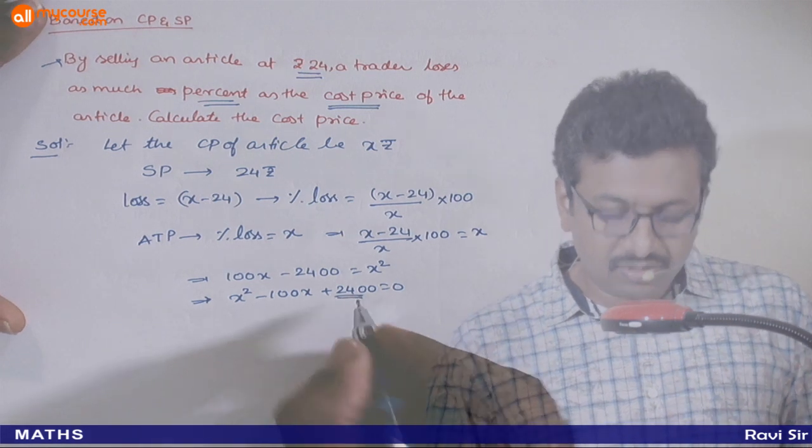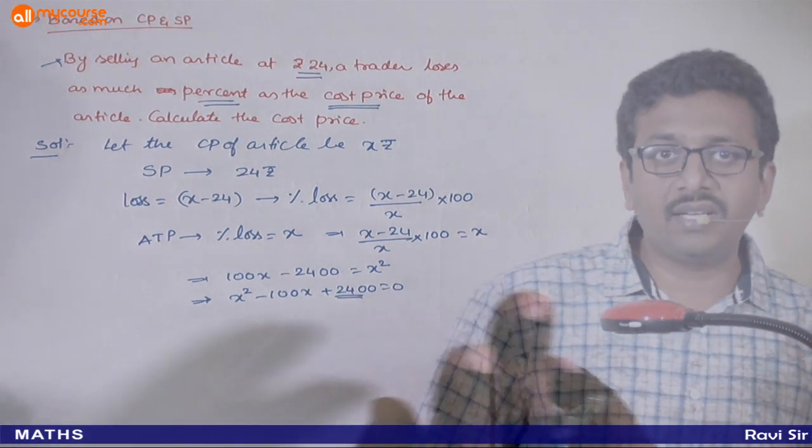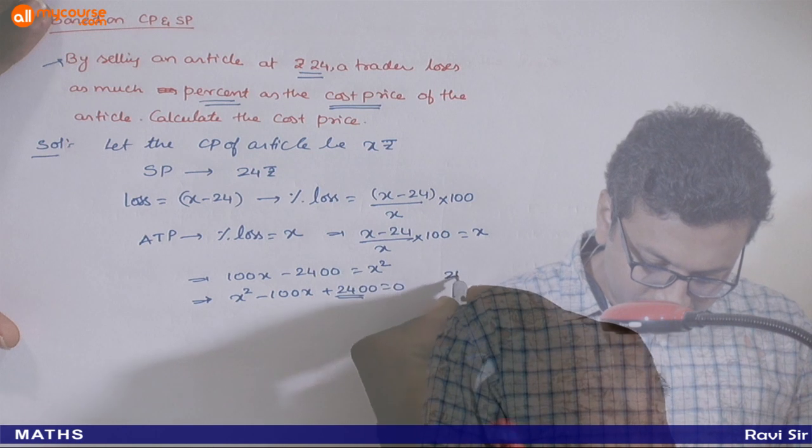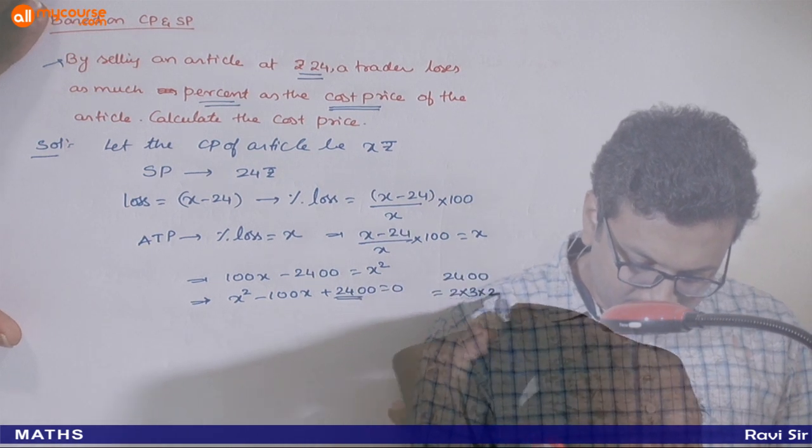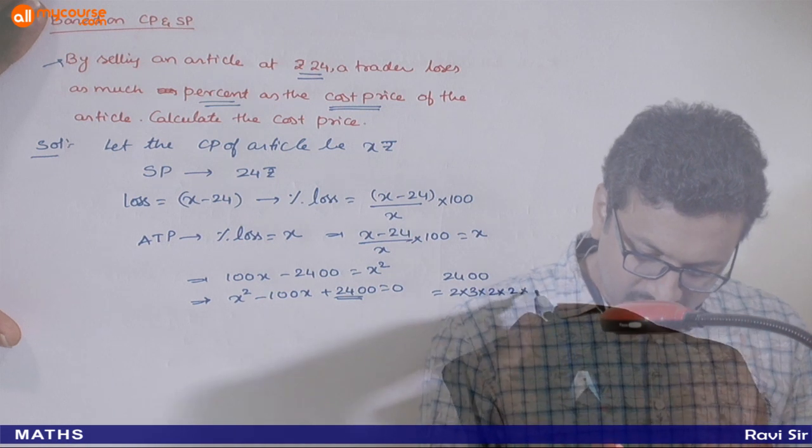So you can try to factorize it again. 2400 is nothing but 6 into 4, that is 2 into 3 into 2 into 2 into 100.